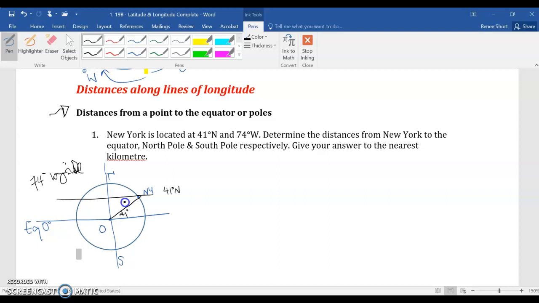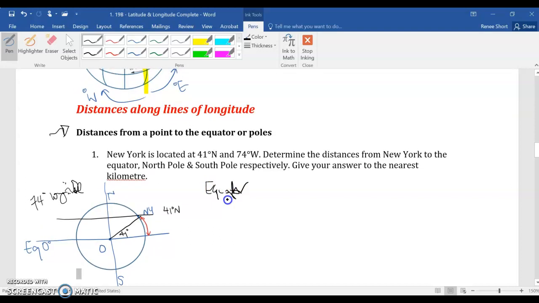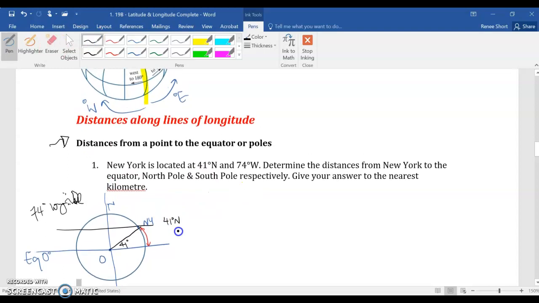So first of all, finding the distance from New York to the equator, it's wanting me to work out how long this section here is. To work to the equator, I just need to focus in on this little wedge here, where I know this is my equator, this is New York, this is 41 degrees, and this is the center of the earth.